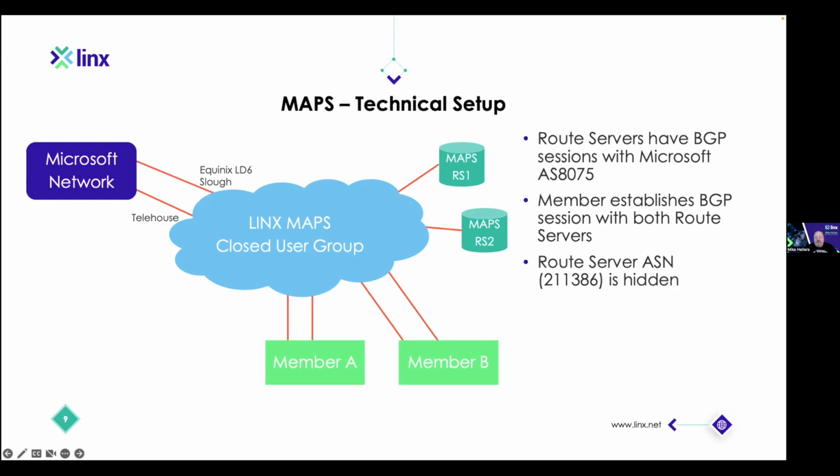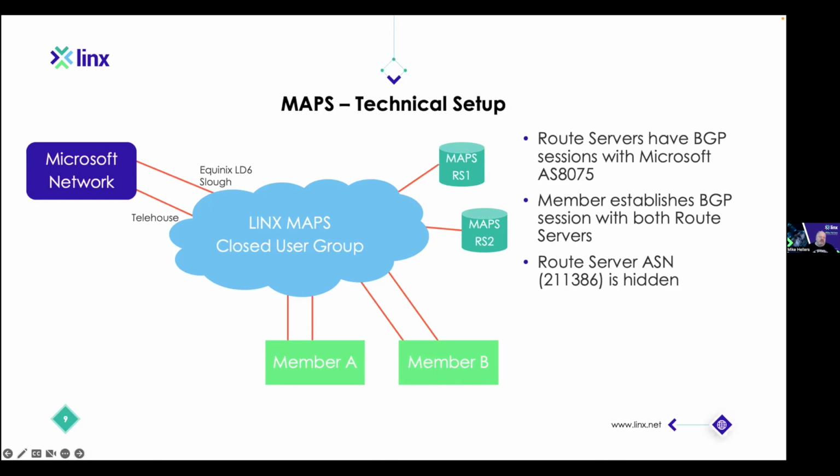So you establish those. You announce your prefixes that you want to be announced to Microsoft, to both root servers, and they get passed on to Microsoft straight away. They get tagged with a special community, so that they are recognized within Microsoft's network as peering service prefixes.